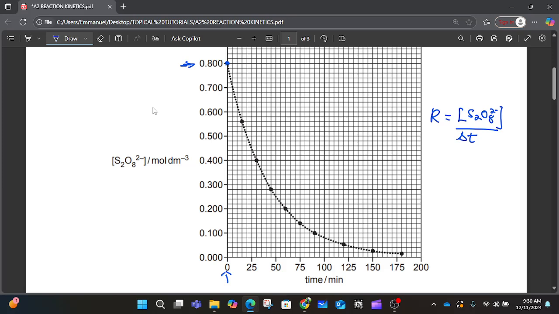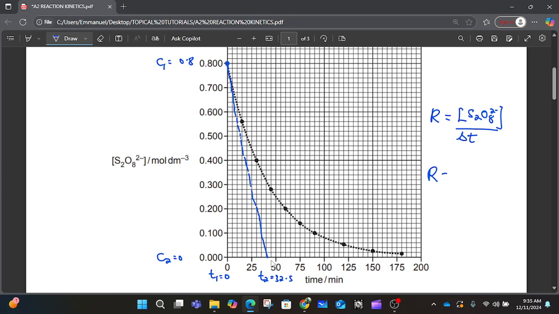So drawing this tangent, we use a ruler and then we draw the line under this curve and then we trace it till we get to the time axis. This means that my t1 equals 0 and my t2 equals 32.5, and also my initial concentration, so C1 is equal to 0.8, and my final concentration, which is C2, equals 0.